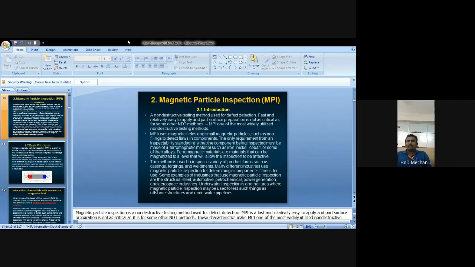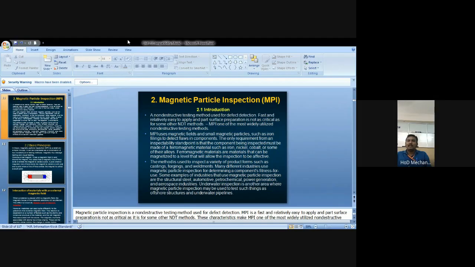The only requirement from an inspectability standpoint is that the component being inspected must be made of ferromagnetic material. So in this MPI method, only ferromagnetic material, that means metal having ferromagnetism, can be inspected using magnetic particle testing.